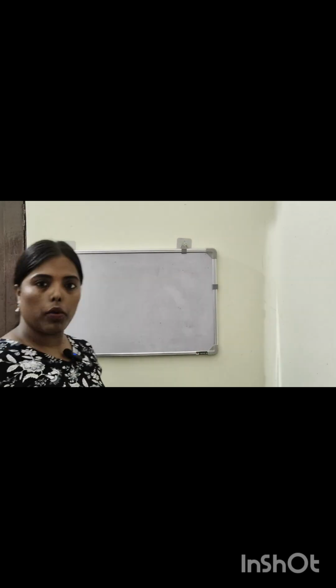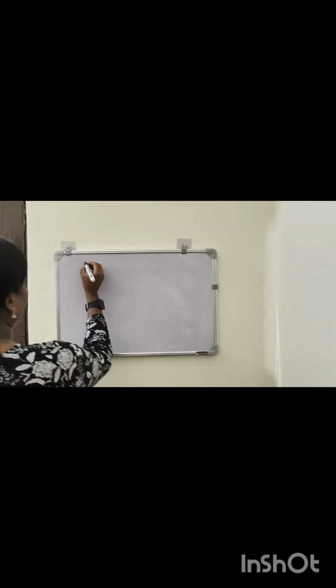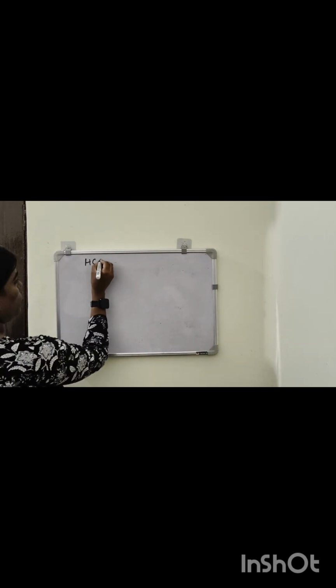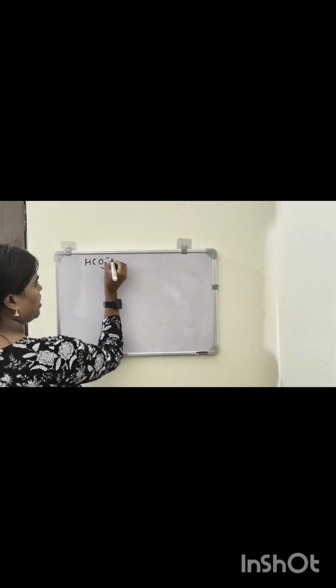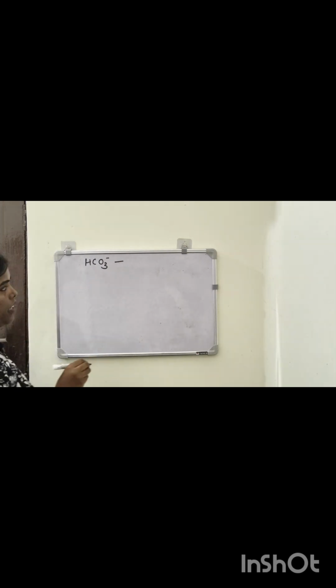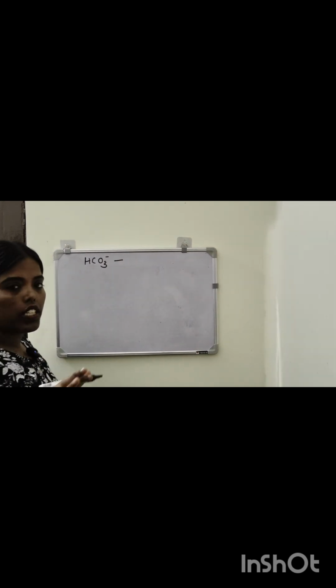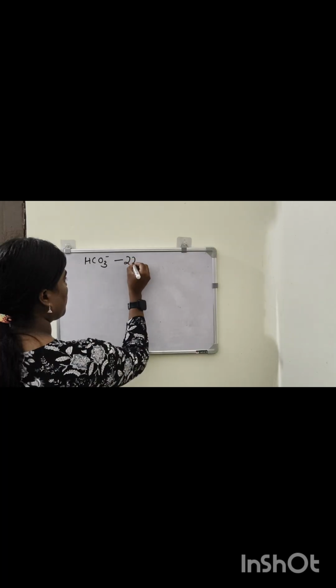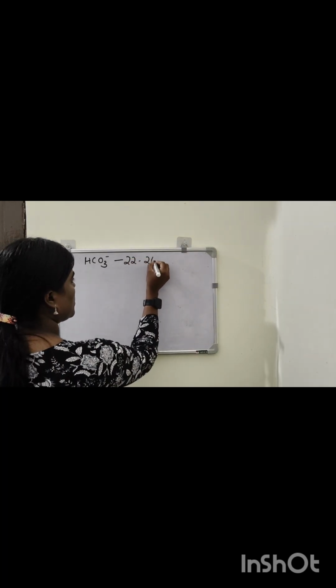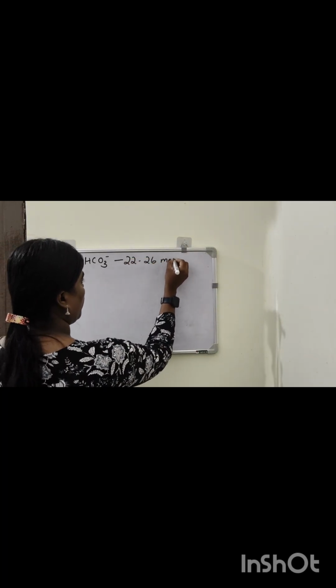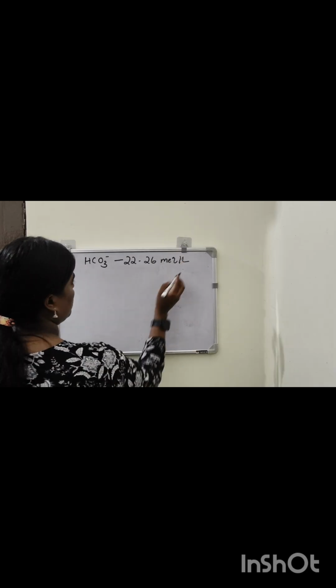Now, let us see about the bicarb level. HCO3 minus is the bicarbonate level. So, what was the range? 22 to 26 milliequivalent per liter.